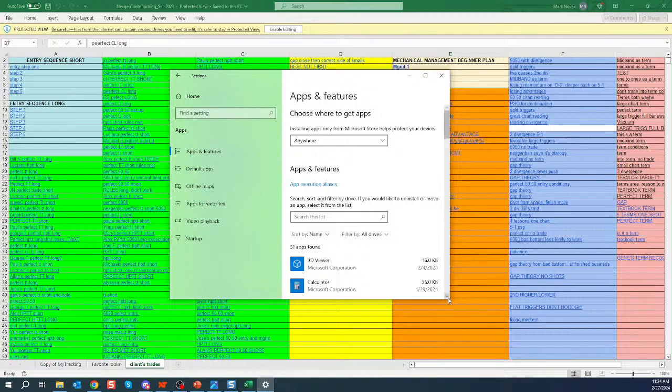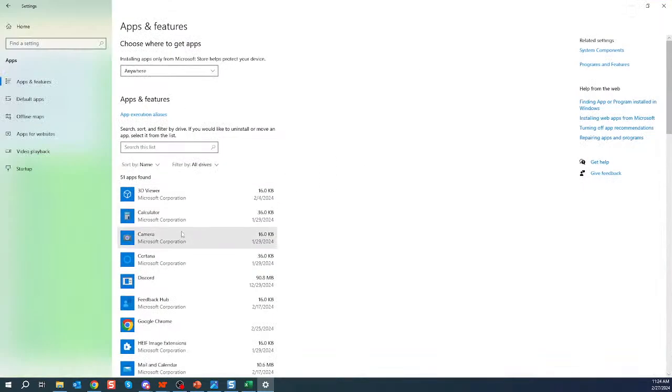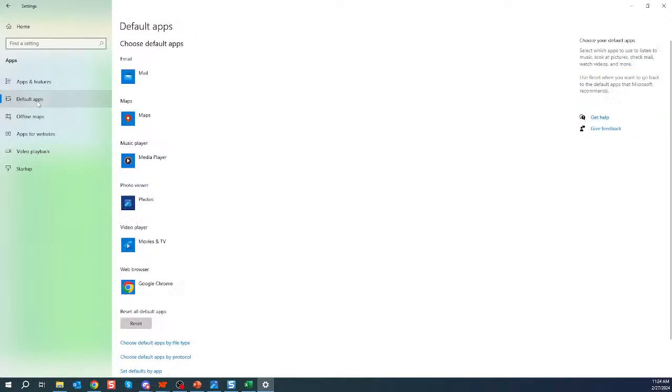And let me know when you get with me there. Okay. And then I want you to click on default apps. What this is going to do is make your computer look for Microsoft Excel anytime there's an Excel version. So you're going to have to go down to choose default apps by file type. And let me know when you click on it, and I'll click on mine.